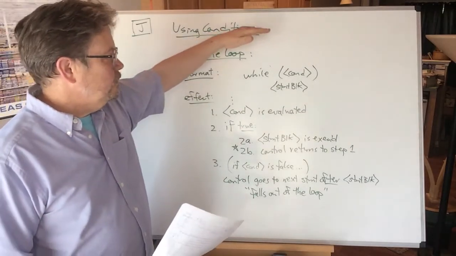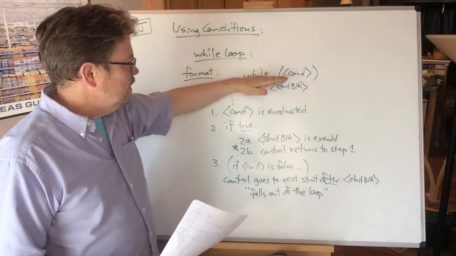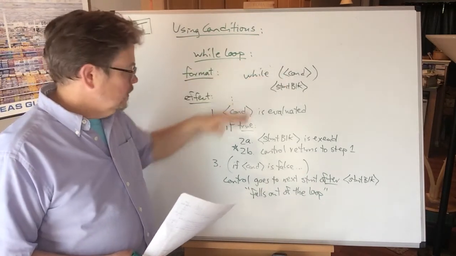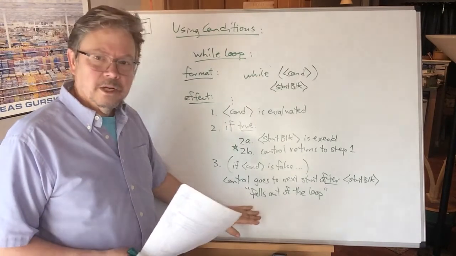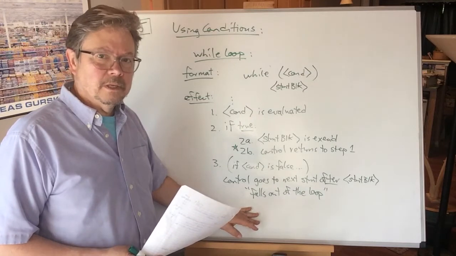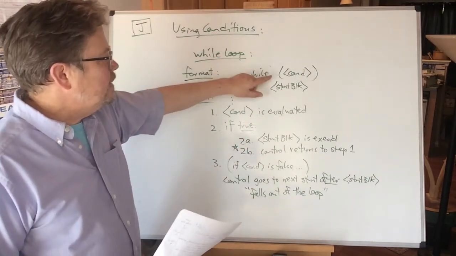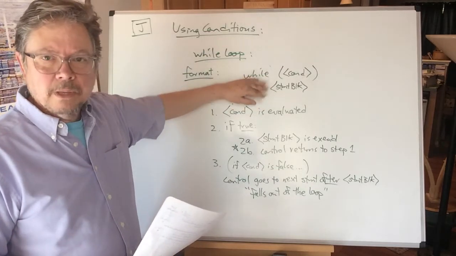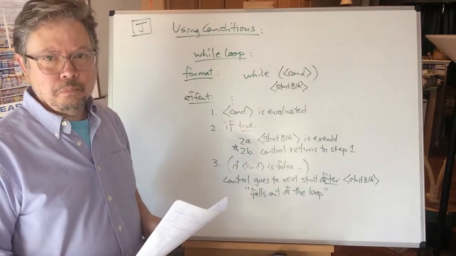What if we get this far and the condition is not true? Then it just skips all this and falls out of the loop. In other words, it behaves exactly like an if statement that doesn't have an else. If the condition is false the first time, it completely skips over the statement block and doesn't execute it at all.